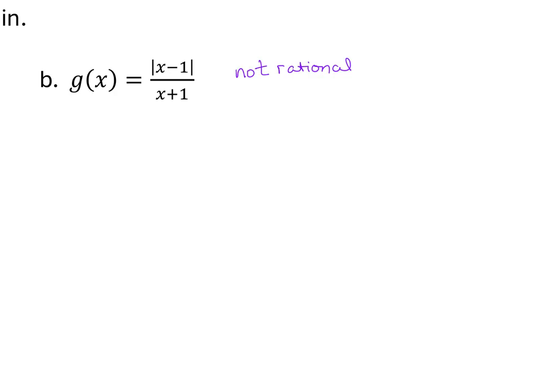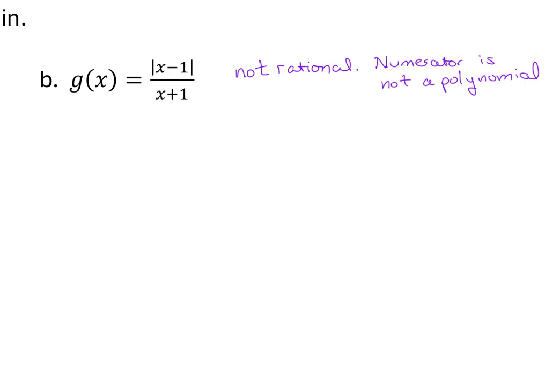Remember, in order to be rational, both the top and the bottom have to be polynomials. The numerator is not a polynomial. And so that means that this is not going to be a rational function.